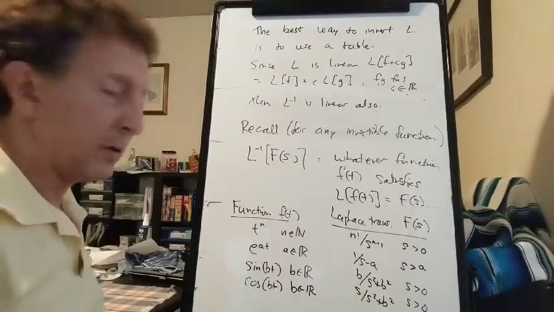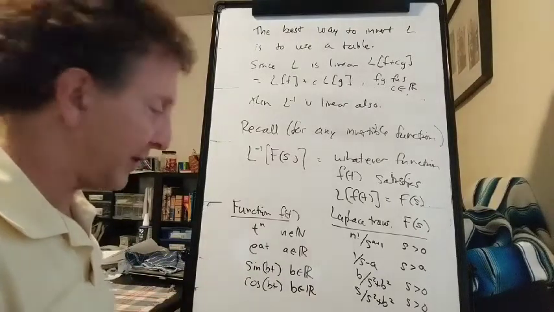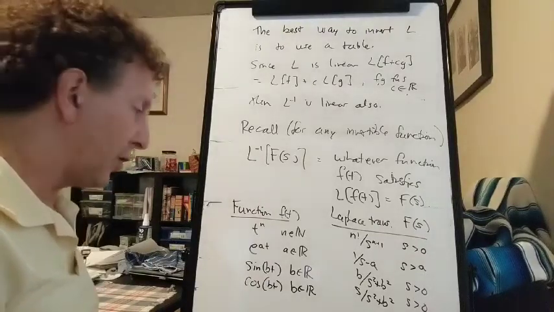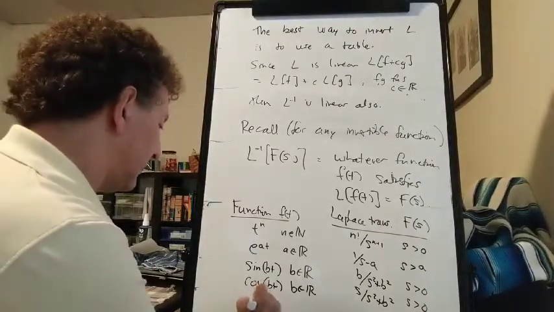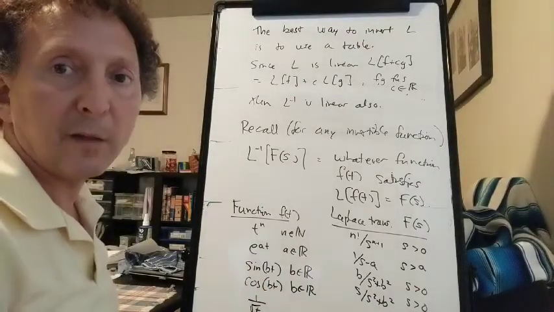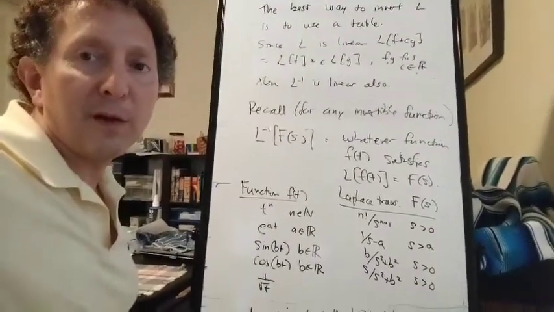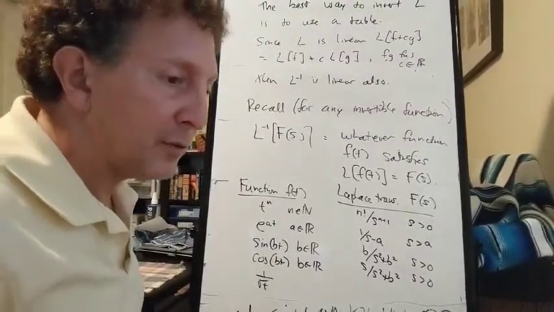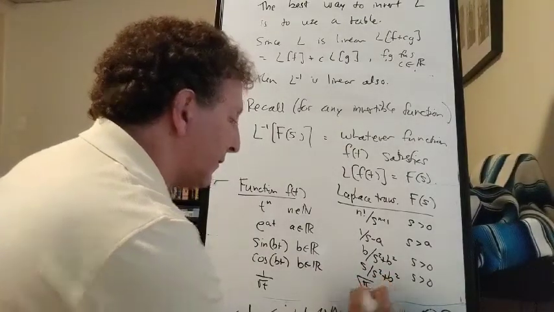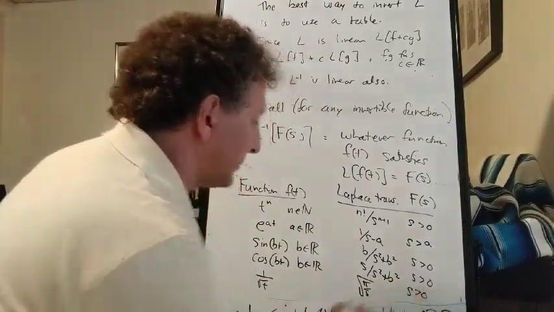And then, running out of space here, one new entry that the book put in this section, even though we didn't discuss it in the other section, is 1 over square root of t. And the Laplace transform of that is square root of pi over s, for s greater than 0.